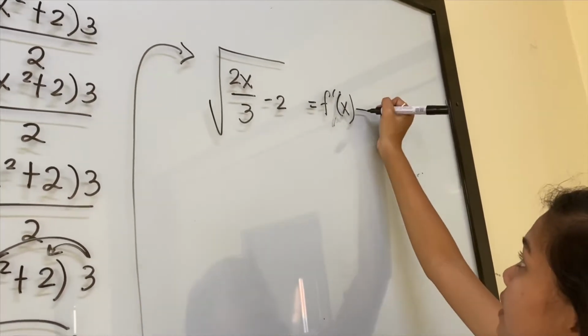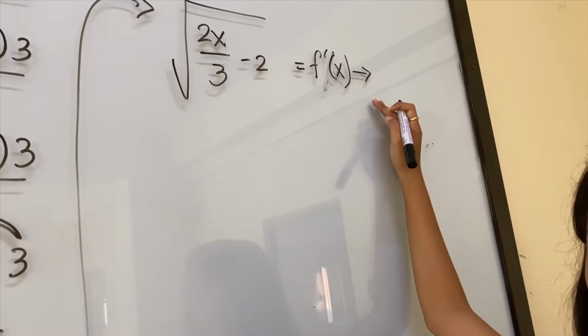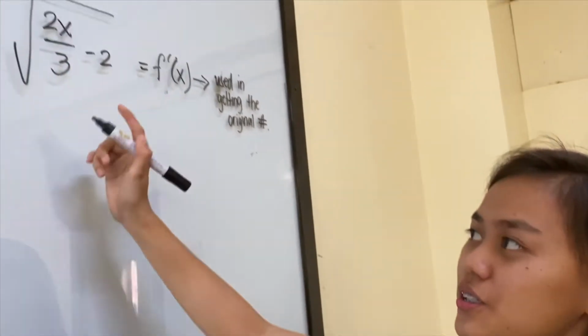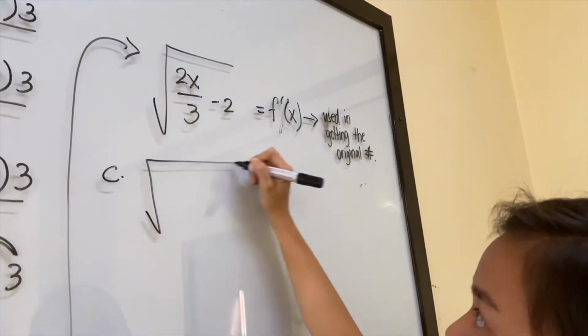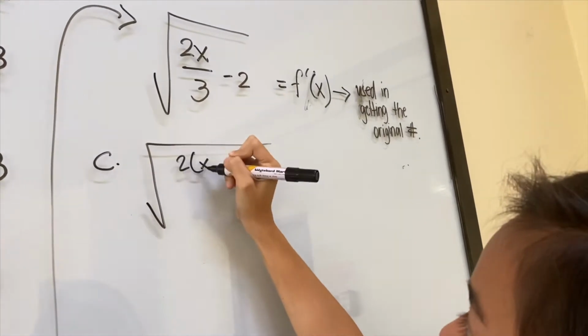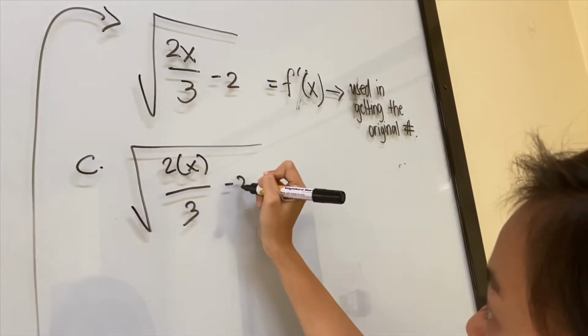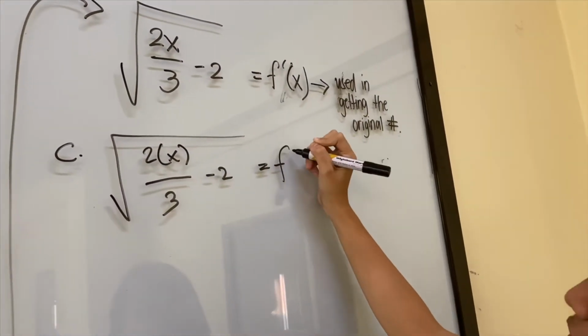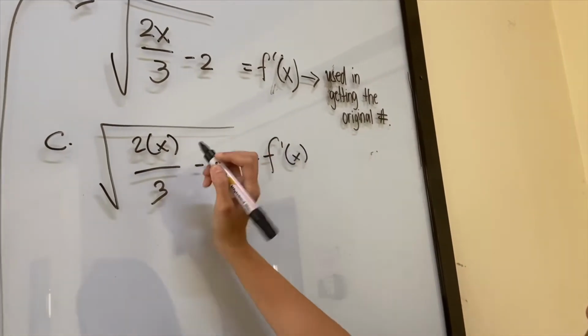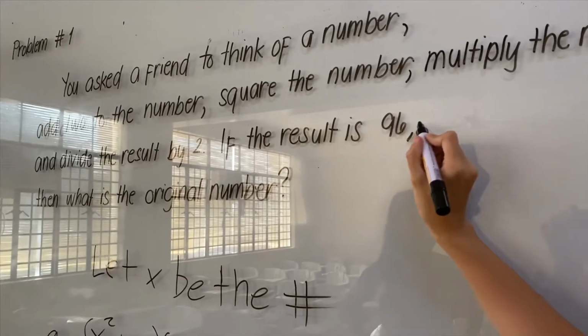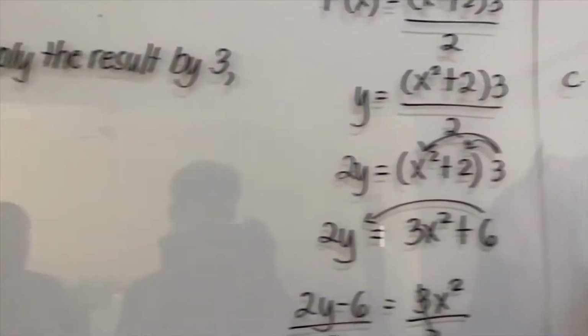Now this will be used in getting the original number. Using this function, we're going to just copy the function, minus 2, because inverse of x. Now substitute the result, which is 96, to x.